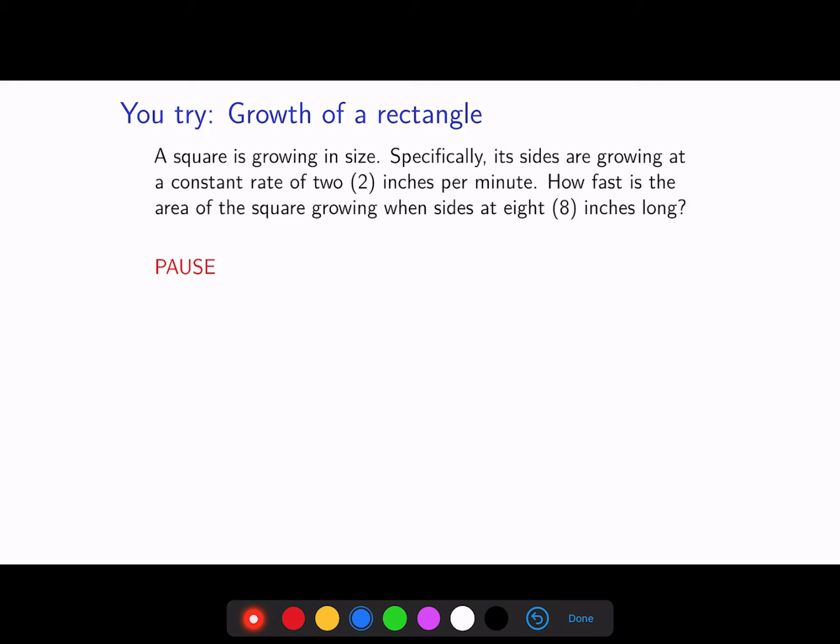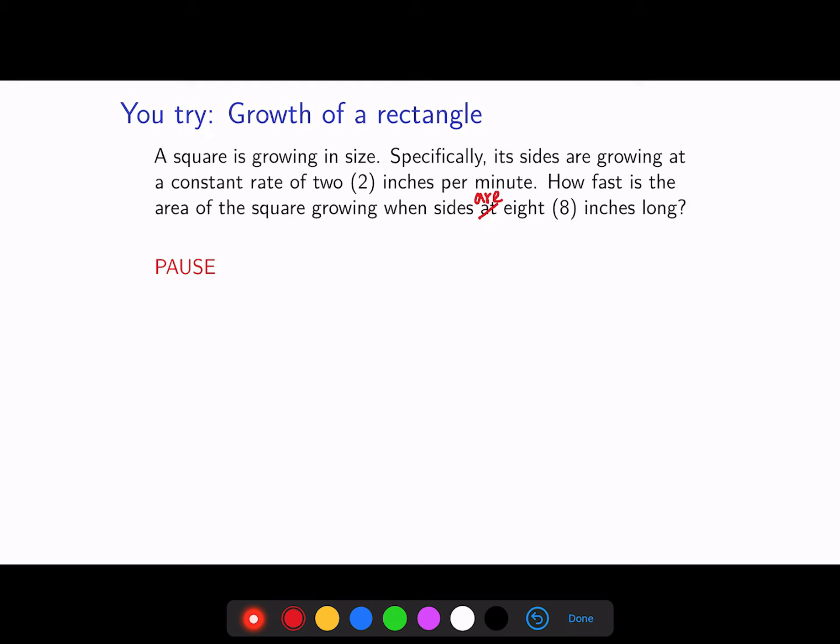Now, this is a point in the screencast where I want you to pause and try a problem that's like this. So this problem is a square is growing in size. Specifically, its sides are growing at a constant rate of 2 inches per minute. How fast is the area of the square growing when the sides are 8 inches long? There's a typo; it should be "are 8 inches long."